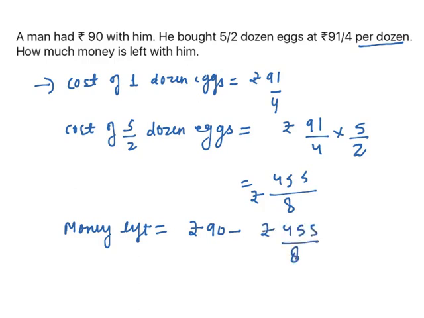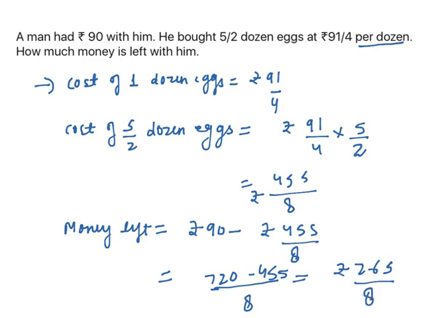So we will subtract this from 90, and we will get the amount that is left with him. Now we will take the LCM. The LCM will be 8. When we multiply, we get 720 minus 455, and subtracting these two we get 265. So he had rupees 265 by 8 left at the end after buying 5 by 2 dozen eggs.